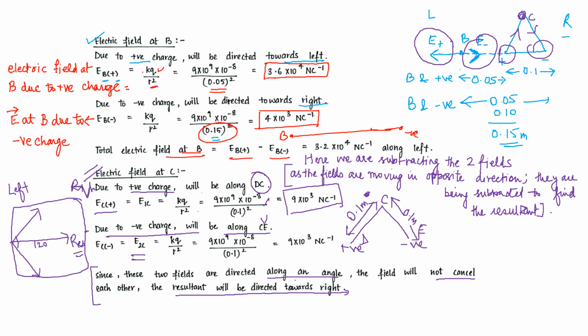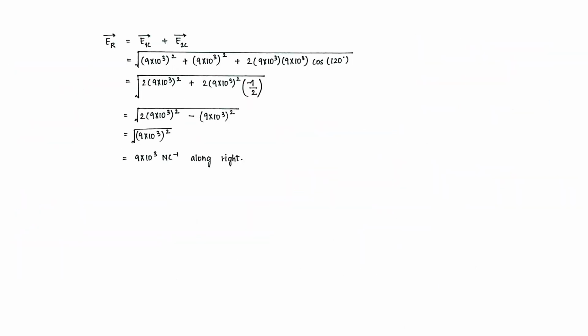Okay. So moving on to the next step. See over here, we are having E resultant from E at C due to positive, E at C due to negative. So both the E at C due to positive charge was equal to E at C due to negative charge, and that was 9 into 10 to the power 3 Newton per Coulomb.